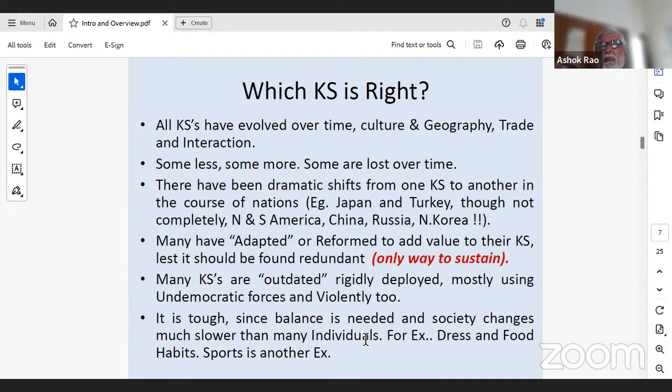You can see now people are picking up newer and newer sports, right? So some people change fast, some people adapt fast, some people are forced to adapt, some people resist. So many things. Not just one part of the knowledge system, every part of the knowledge system.